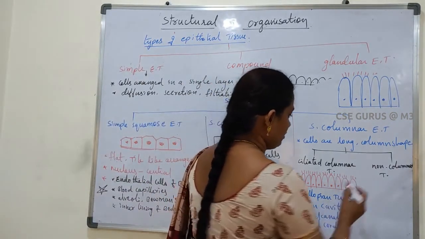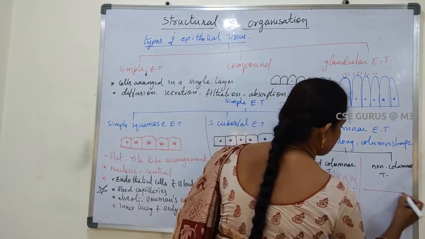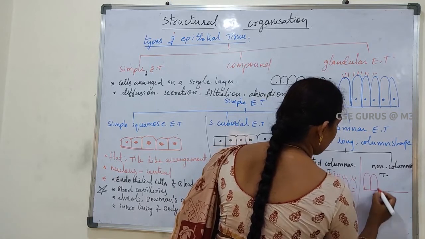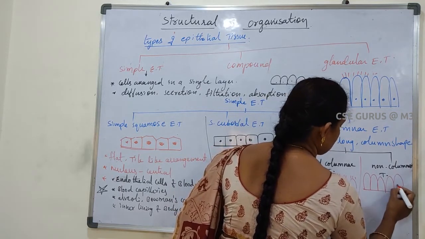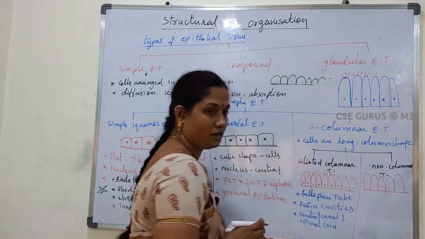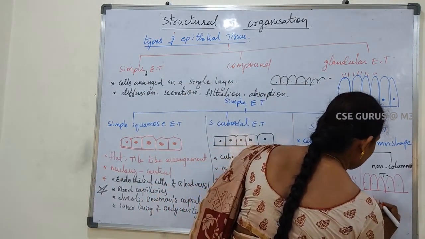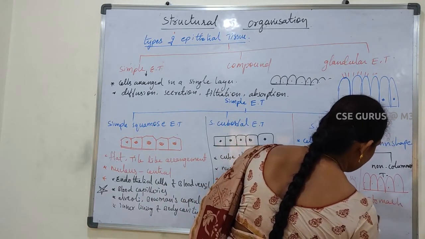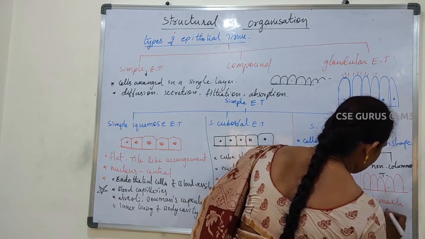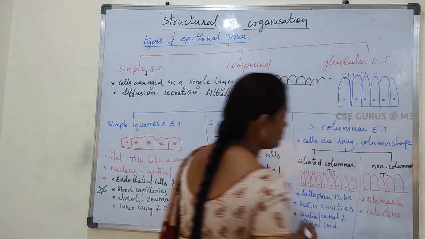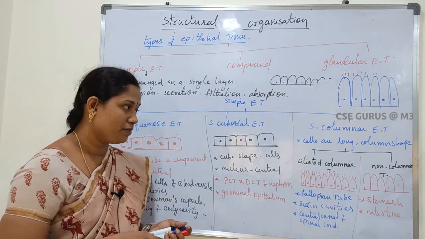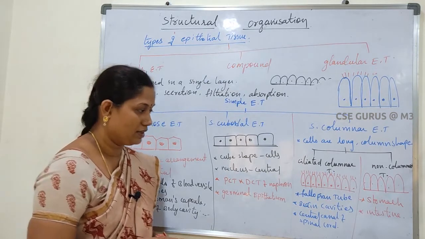Next, non-ciliated. Non-ciliated means the cilia are absent on the free surface. It is present in the stomach and intestine. The stomach and intestine are lined by non-ciliated epithelium.